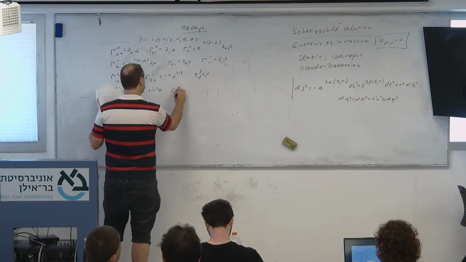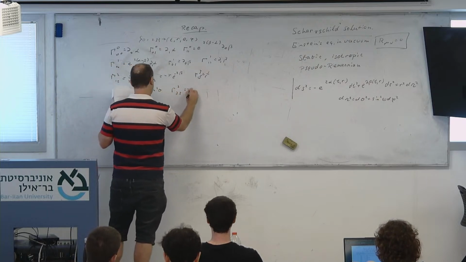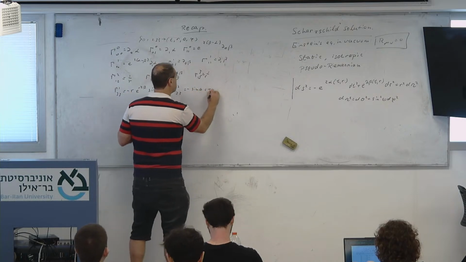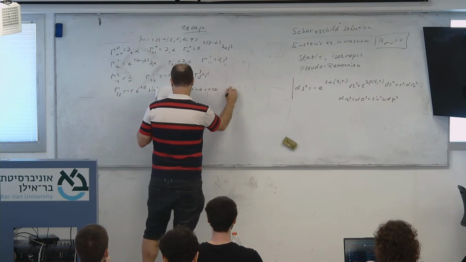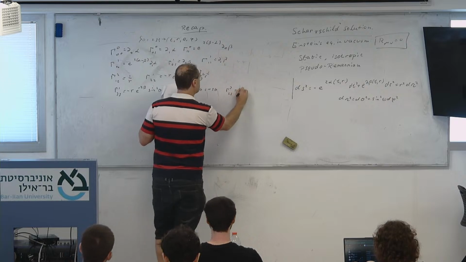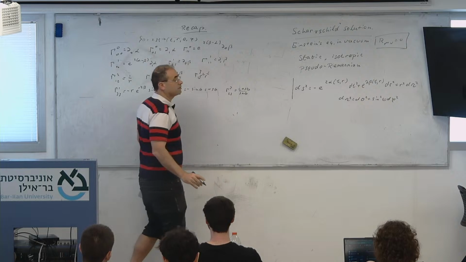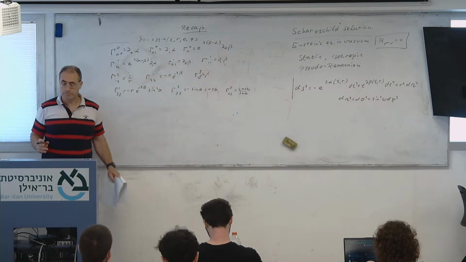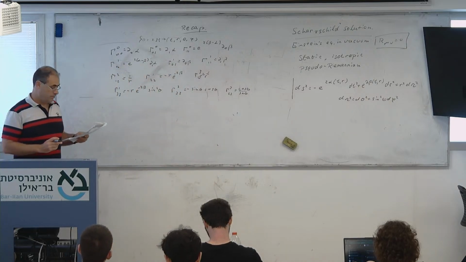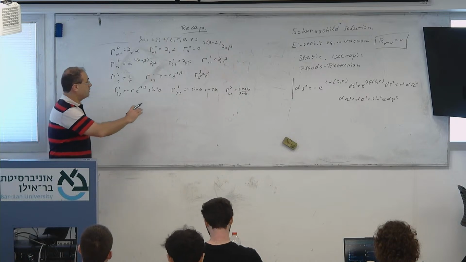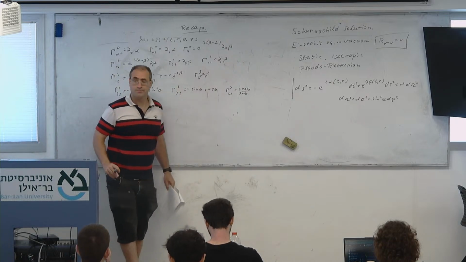Gamma 2,3,3 is minus sine theta cosine theta, and gamma 3,2,3 is cosine theta over sine theta, cotangent theta. And the rest are 0, or equal if you switch the lower indices.